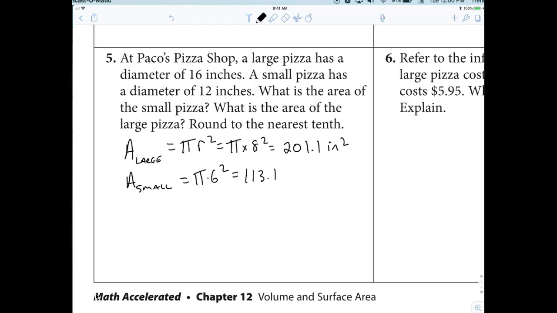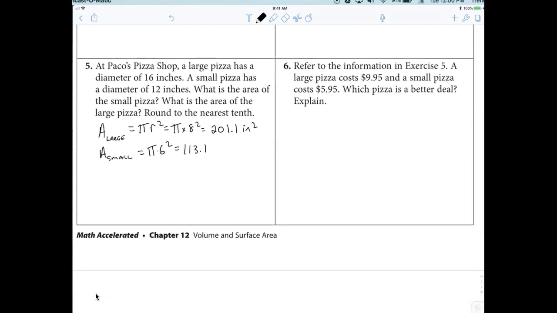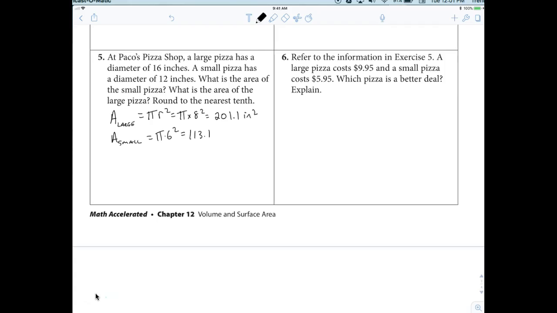Right. So now let's look at question 6. It says refer to the information in exercise 5. A large pizza costs $9.95 and a small pizza costs $5.95. Which pizza is the better deal? So we want the cost per square inch.